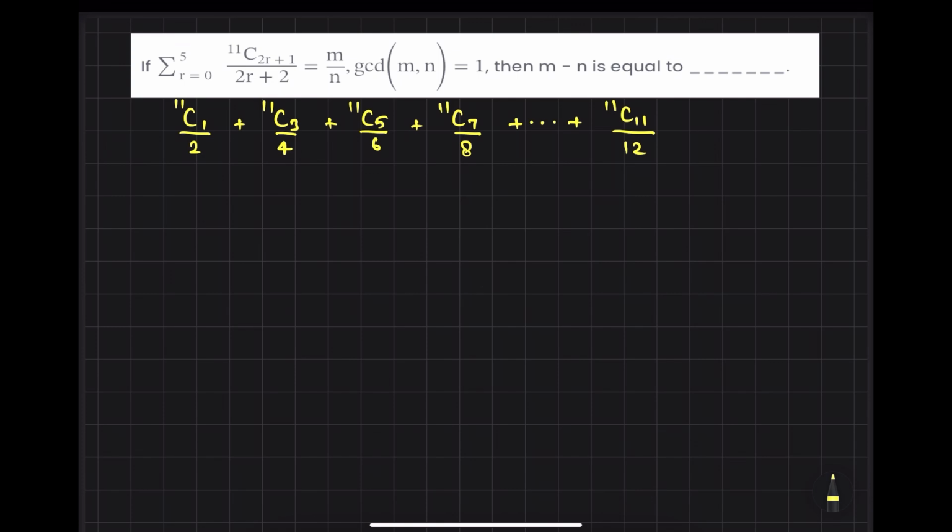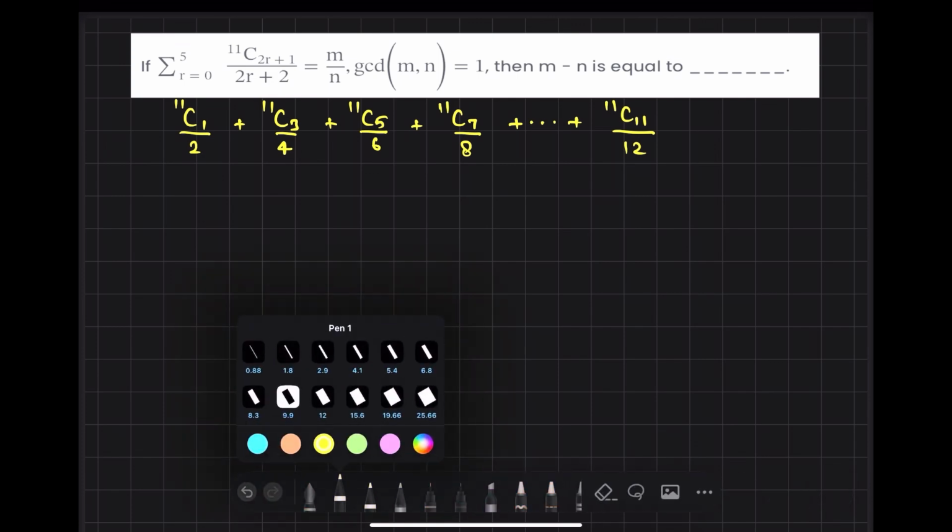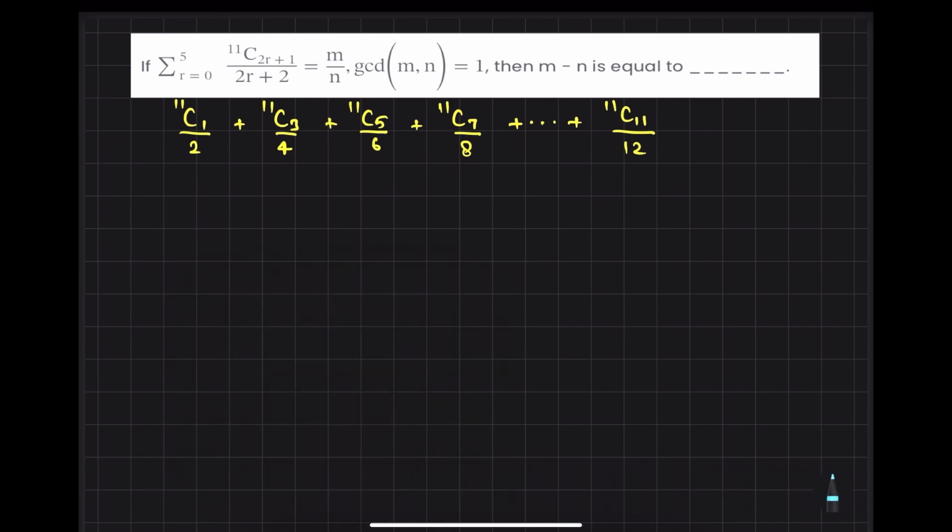Suppose that we have to expand the function 1 plus x power 11. So we will have 11c0, 11c1, 11c2 x square, 11c3 x power 3 dot dot dot, correct? Let's do the integration.